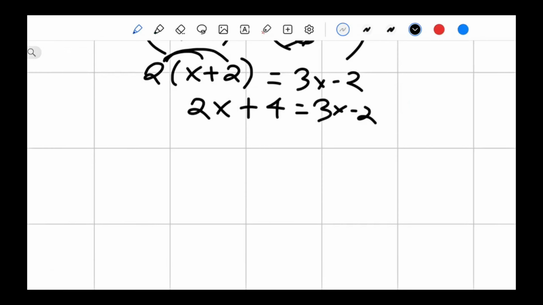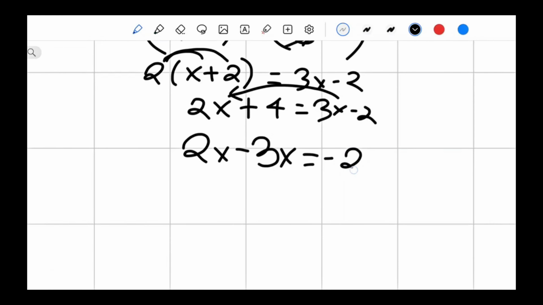Now we combine like terms. So we will put 3x here, so we have 2x - 3x. Then copy the equal sign. We have -2. Then the positive 4, we will put it here, so we have minus 4. Next, we subtract: 2x - 3x, or 2 minus 3 is -1x, or simply -x.